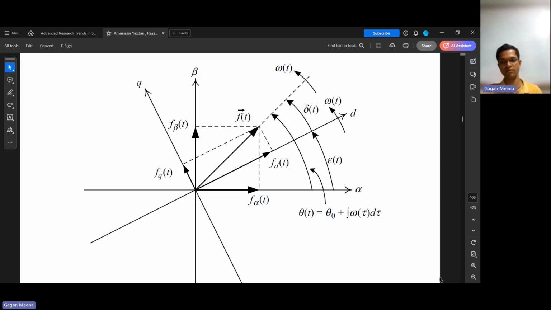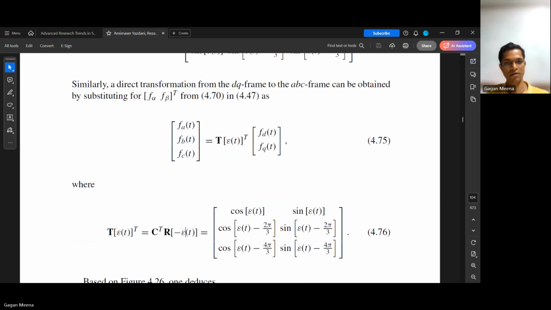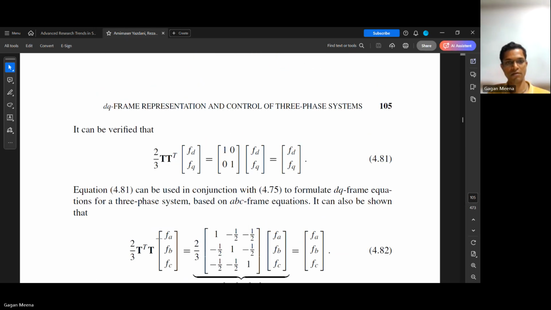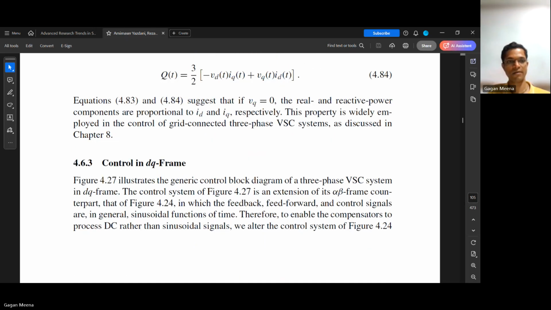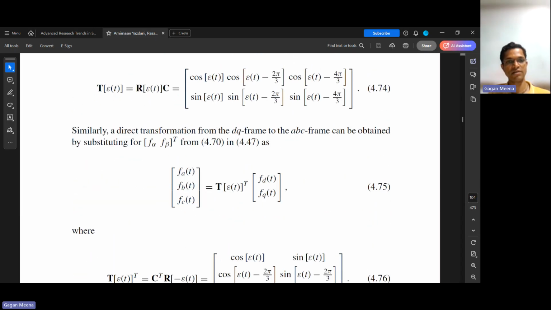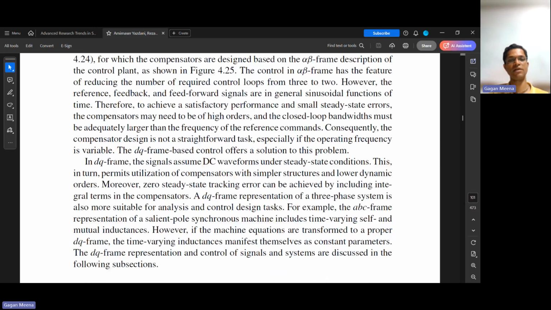That's why this DQ frame of reference gives us constant values. Let us read this.